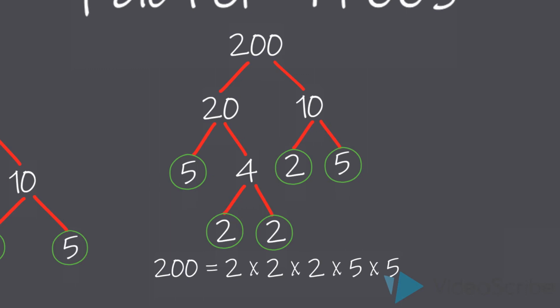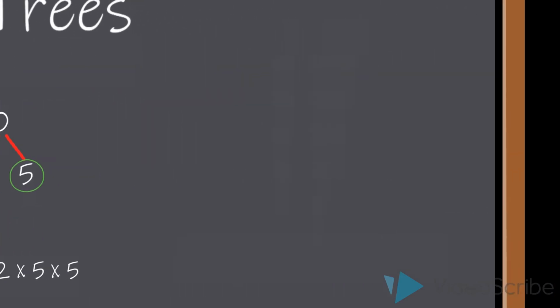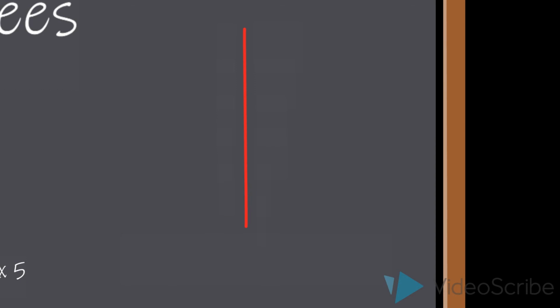A different way to break down a number into its product of prime factors uses continuous division to break the number down smaller and smaller until we get to 1. To set this up, we make two columns. On the right column, we put our number, and on the left column, we're going to write our prime factors.